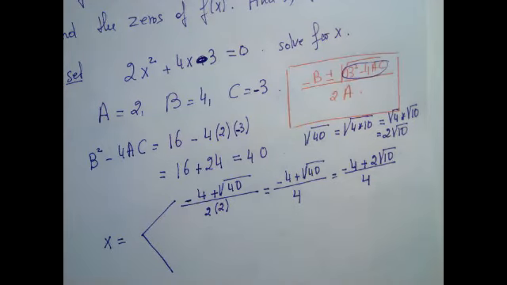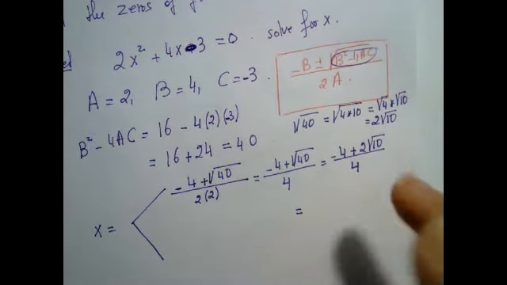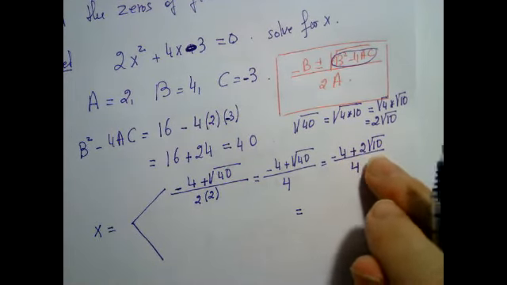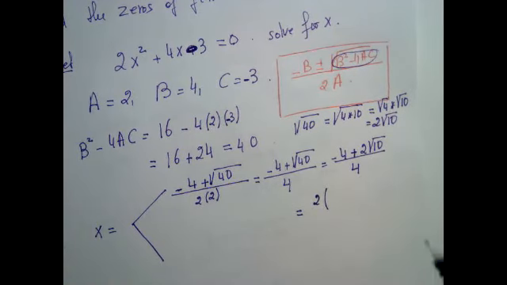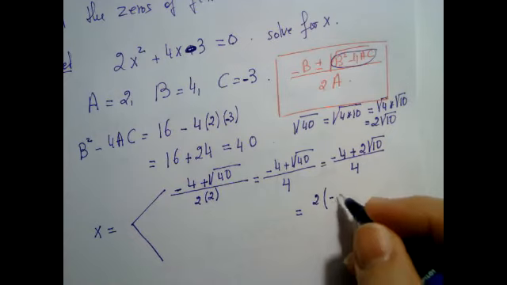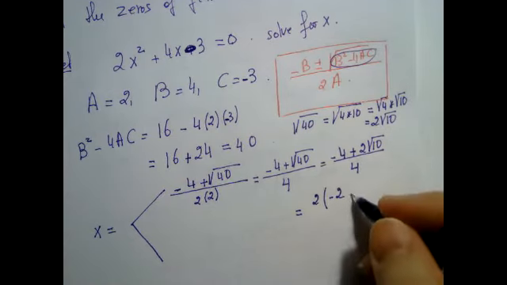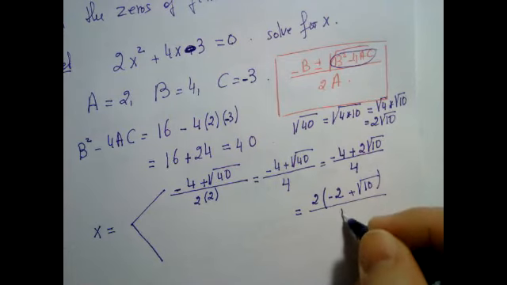Okay, he doesn't think we can simplify it any further. We can do a little bit, so watch what I'm going to do. One thing I can do is, let's say 4 and 2, I can somehow factor out a 2 in here. If I factor out the 2, this should remain minus 2 plus the square root of 10, and I divide this by 4.